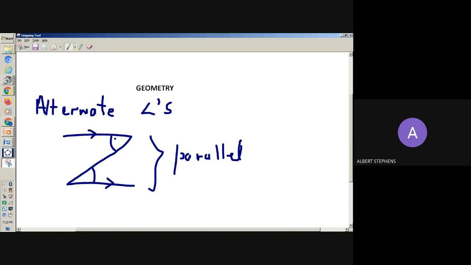So if this is 30 degrees, this must be 30 degrees. But they can only be equal if they are parallel. And how do you know if they're parallel? They tell you that they're parallel or they give you the arrows. Which other letter in the alphabet looks like a Z? N. It will be an N, right? So it could also look like this.